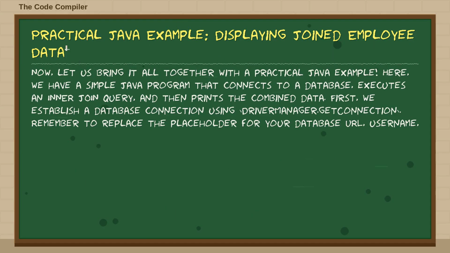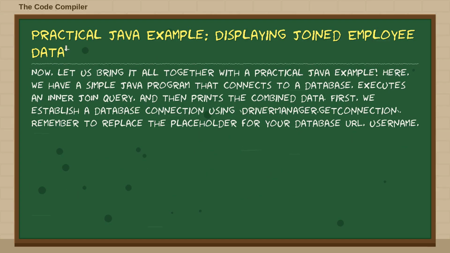Our query, select e.name, d.department_name from employees e inner join departments d on e.department_id is equal to d.id, uses aliases e for employees and d for departments to make it shorter and clearer. The results are stored in a result set, which we then iterate through using a while resultSet.next loop.